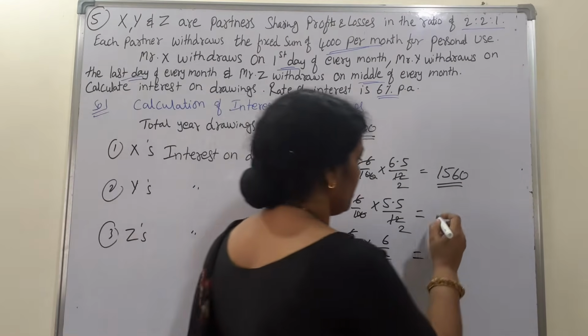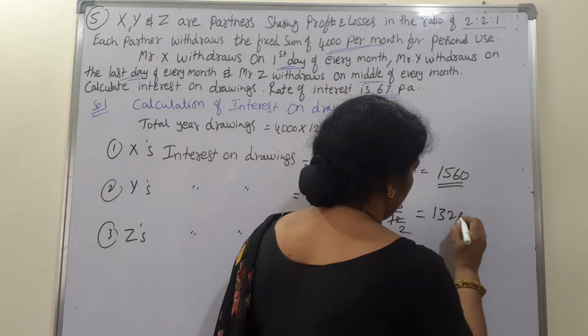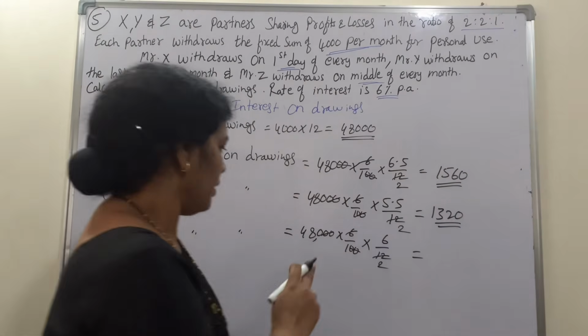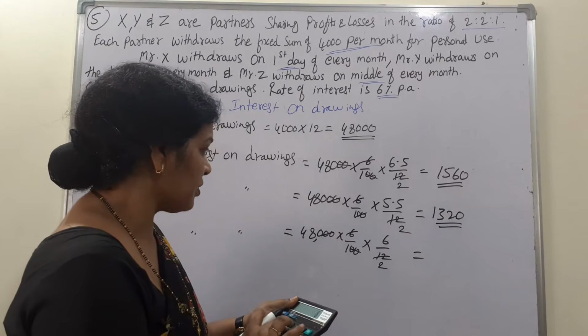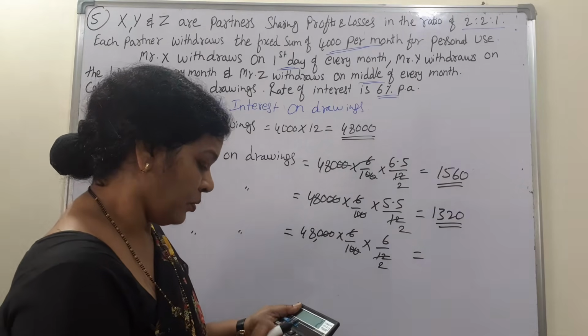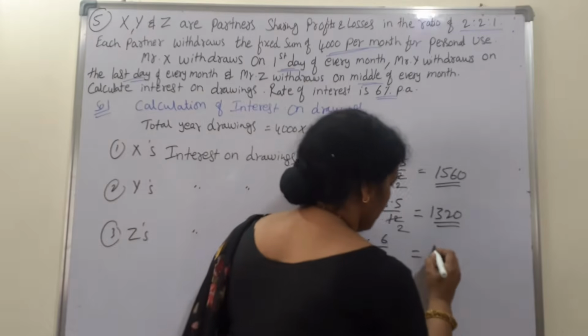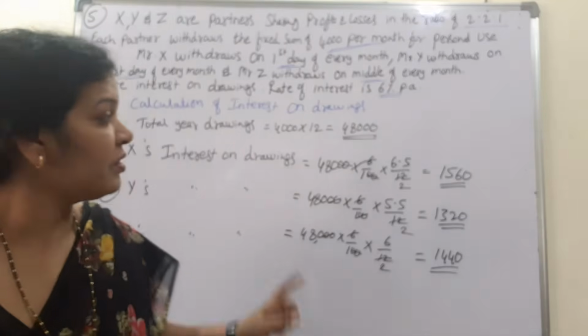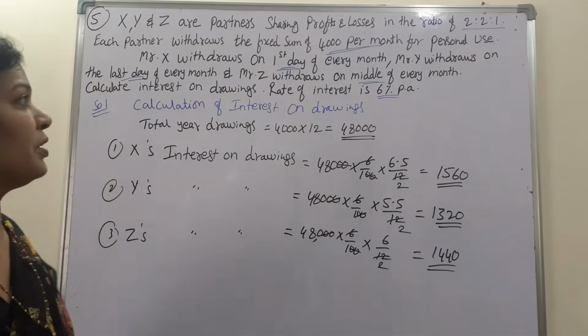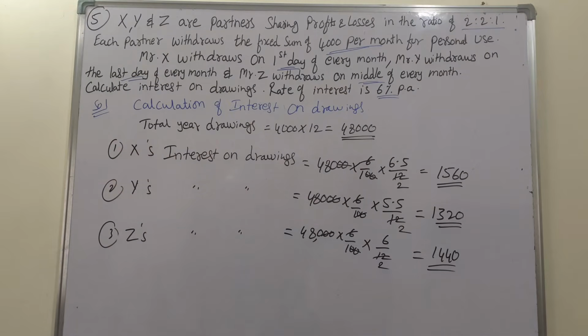It is 1,320. In the same way, for C it is 480 into 6 divided by 2. It is 1,440. That's all. This is the interest on drawings. You can just note it down or take a screenshot.